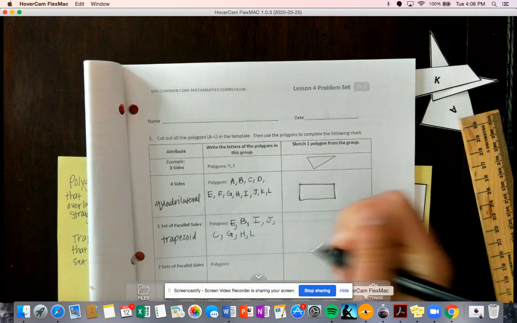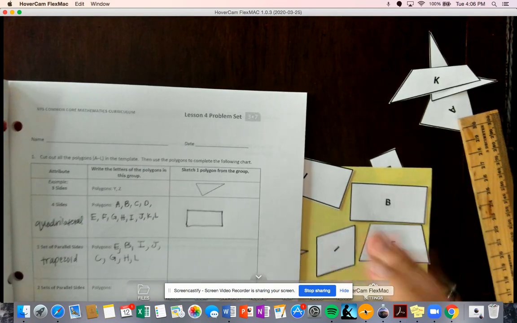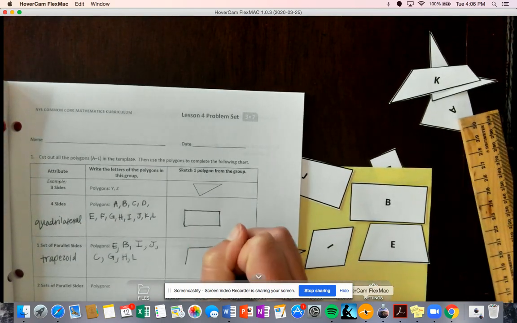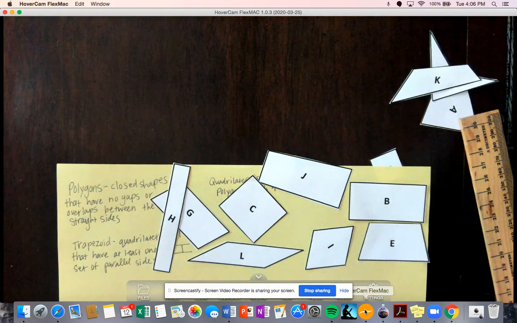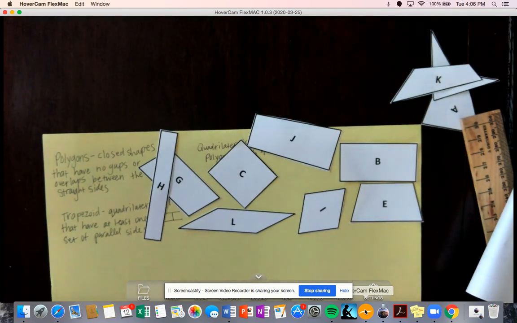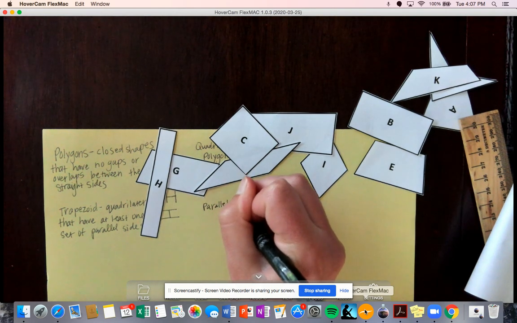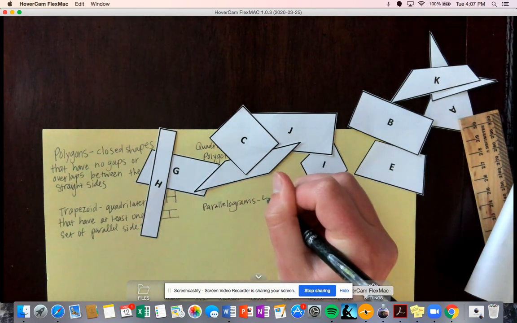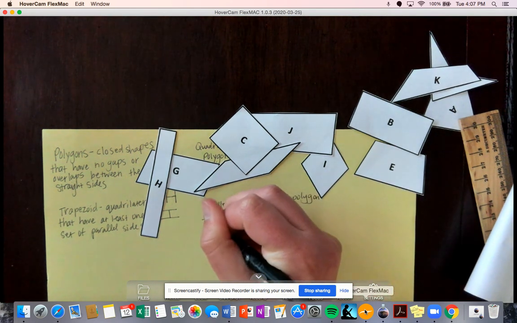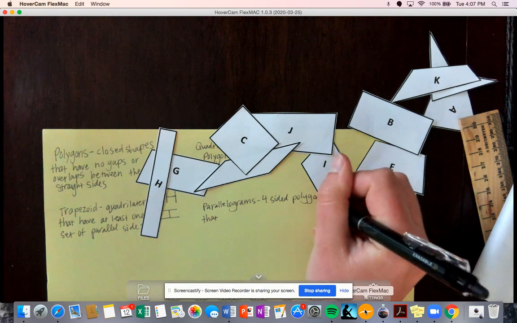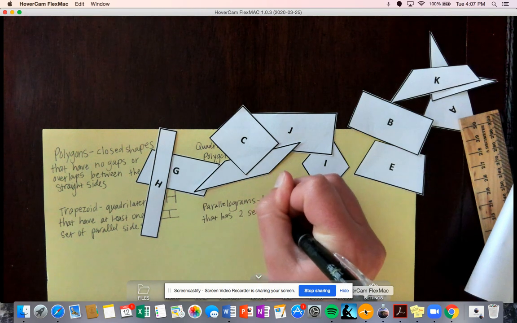And I'm going to draw I. Okay. Now, a parallelogram is similar, but with parallelograms, you have to be a 4-sided polygon with 2 sets of parallel lines.